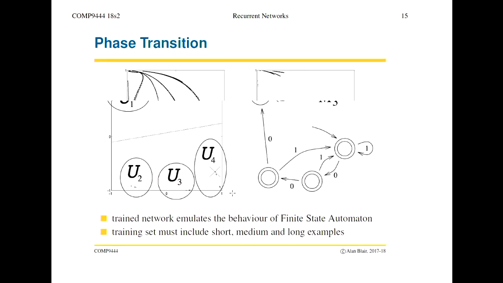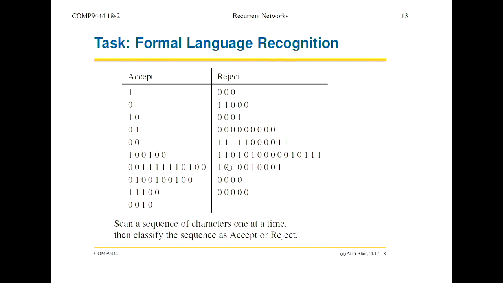It's hard to see a good example here, but if you had a string with 3 zeros and then 20 ones, the classification depends on those 3 zeros that occurred at the very beginning.